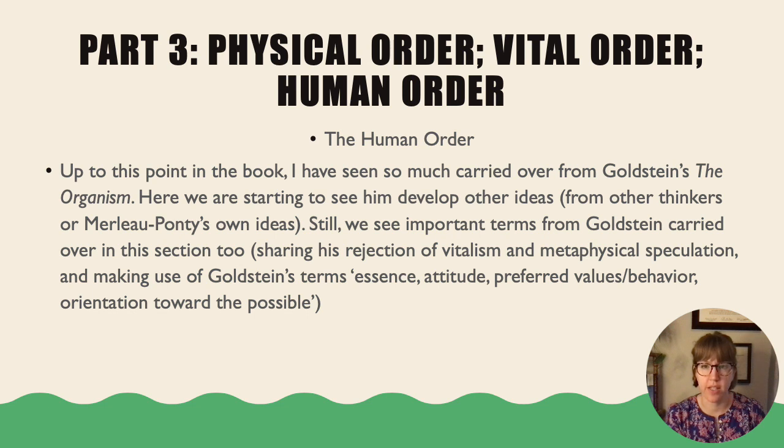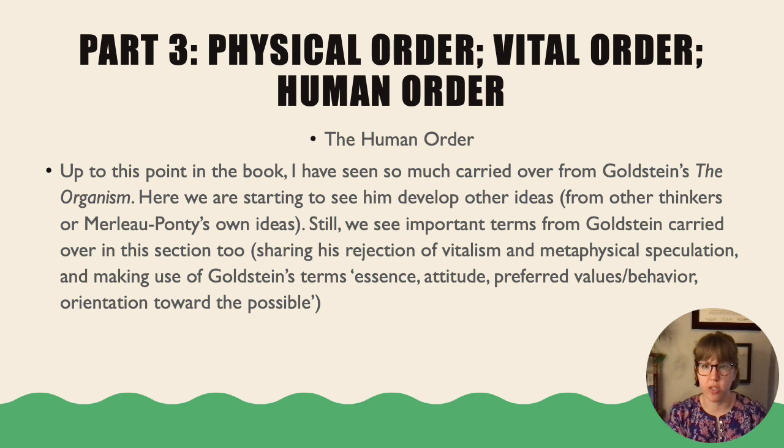We definitely hear other important philosophers mentioned, and there's, I'm sure, also just this synthesis of Merleau-Ponty's own thinking, that he's starting to arrive at his own notions of things, his own balance among these questions of idea and thing. But we will see in the section on humans some important terms from Goldstein.